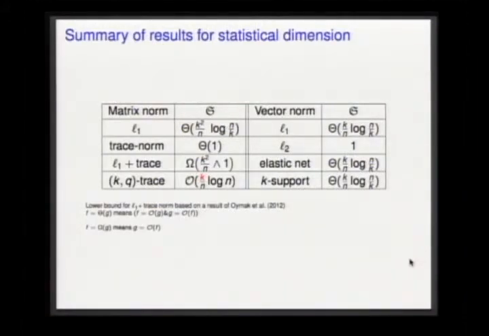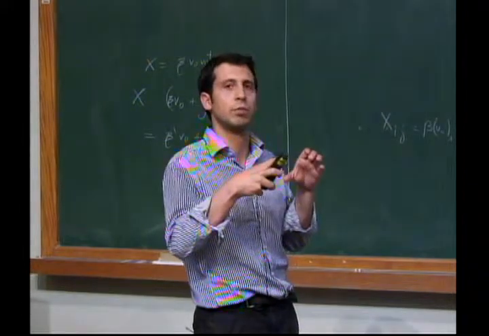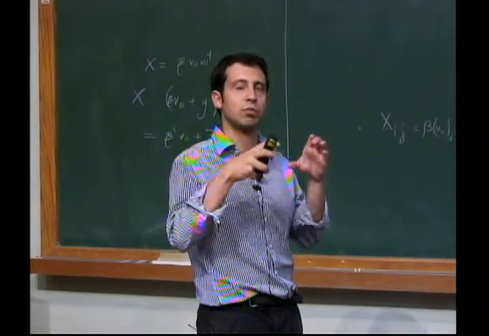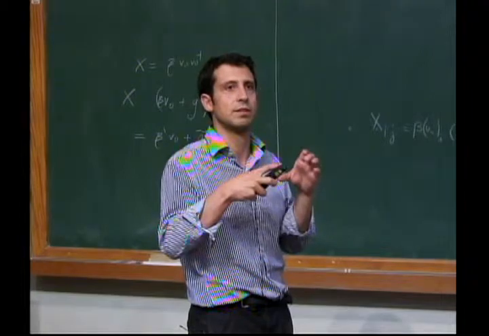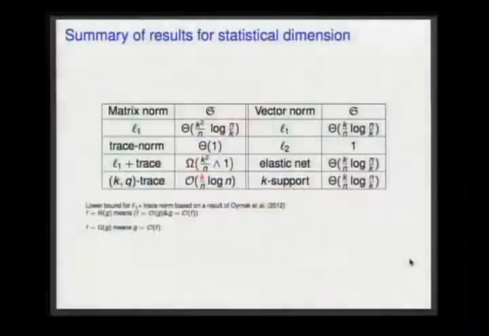So as I said, we are gaining a factor compared to the trace norm and compared to the L1 norm when we compute the statistical dimension of this norm, and we cannot hope to do better than k over n, since we know that if the support is specified in advance, the norm that is best to estimate the unknown matrix is the trace norm of that submatrix, which has statistical dimension k over n. So we know that we cannot do better than k over n.